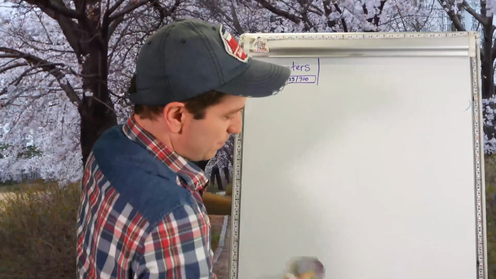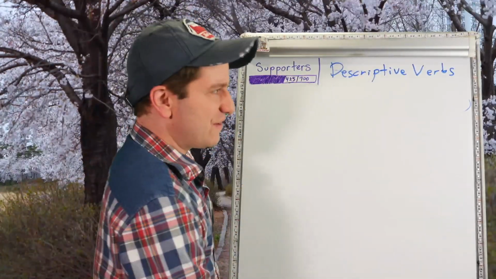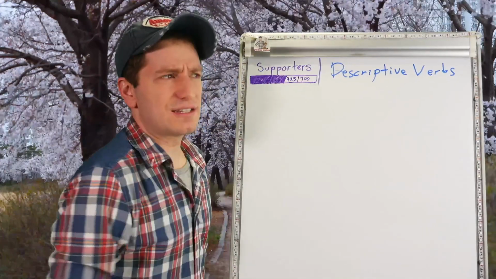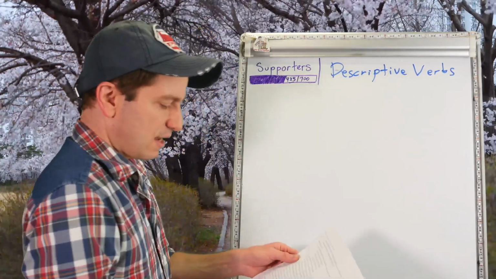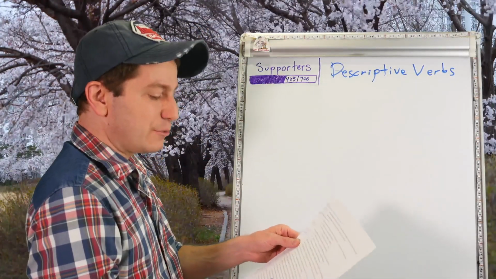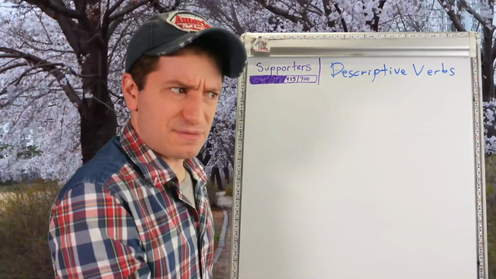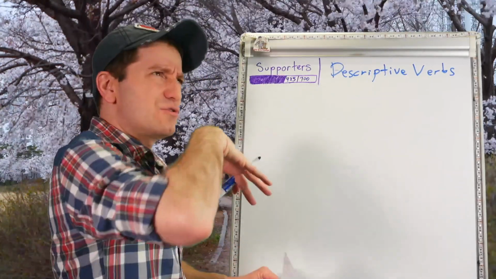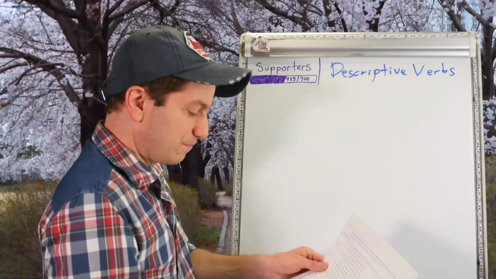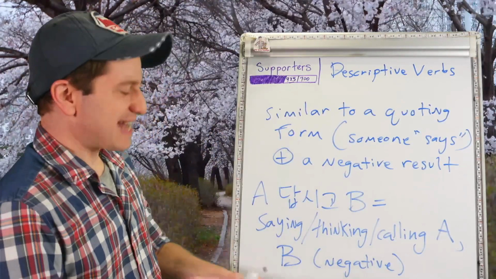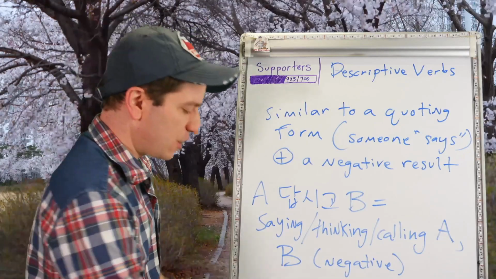Next, let's look at descriptive verbs. It still conveys that sort of disappointment in the second half of the sentence. But the first half of the sentence is a little bit different because now we're not doing something. It's a description. So something is a certain way. When you use it with descriptive verbs, it's actually more similar to a quoting form.